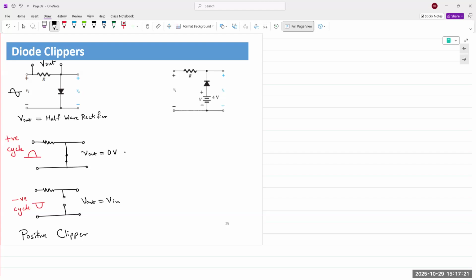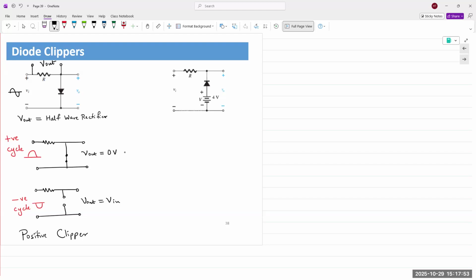Think on it. You can draw it out and think on it. You asking me or you telling me? You don't have to be that impactful. So one answer is positive clipper, but is it going to clip the positive cycle, or is it a negative clipper?